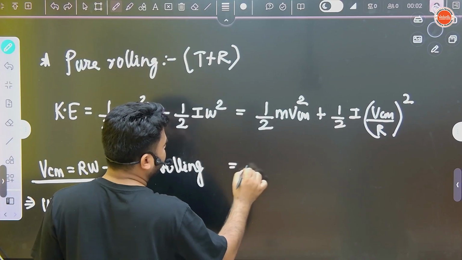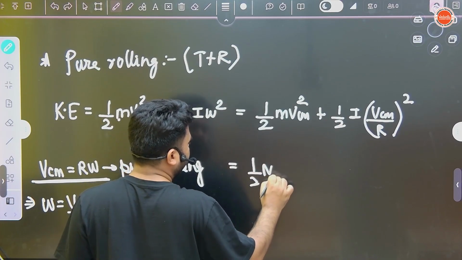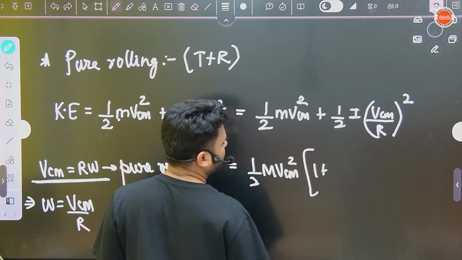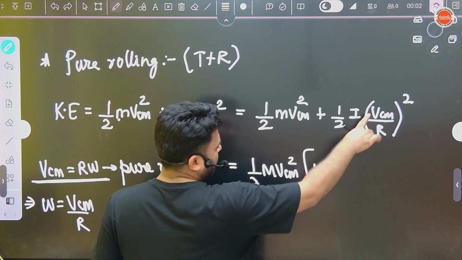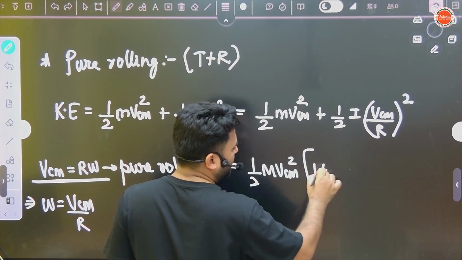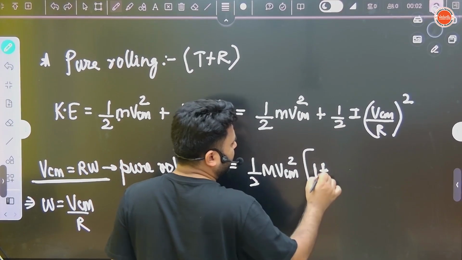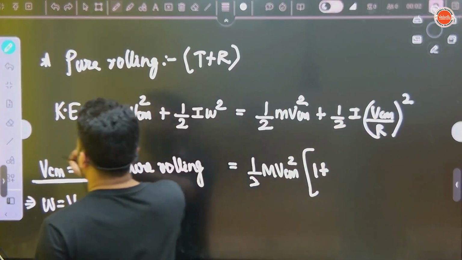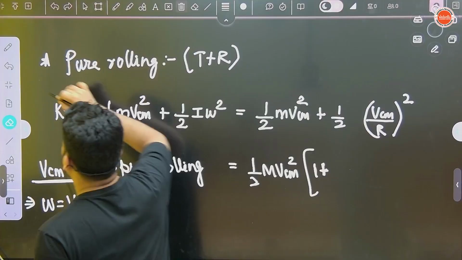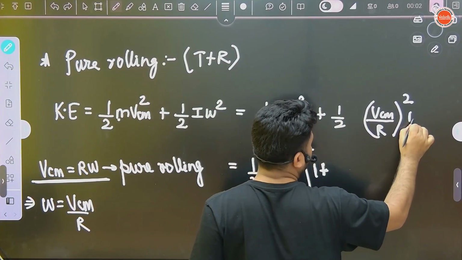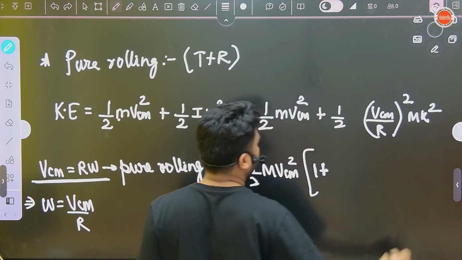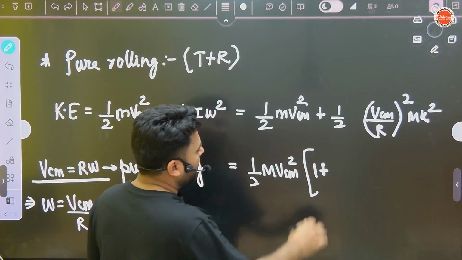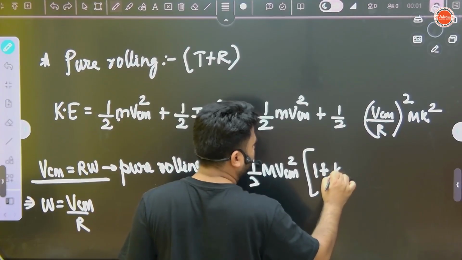If you take half m VCM square common, it will be 1 plus I by m r square. What is I? In place of moment of inertia, can I write m k square? So half m VCM square I have taken common, 1 plus k square by r square.